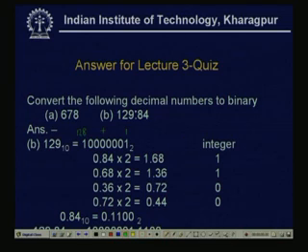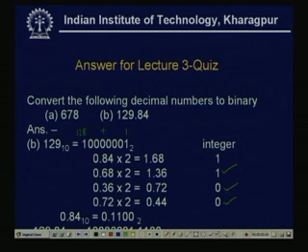Now, the non-integer portion I can get by repeated multiplication by the radix value. The first non-integer part is 0.84, multiplied by 2 it is 1.68, and the integer is 1. Similarly, I again multiply the non-integer portion by 2, getting another integer 1, and in that way I get 0, 0.